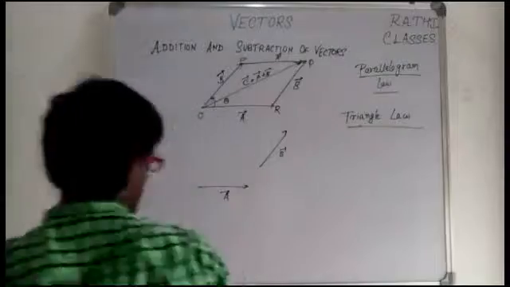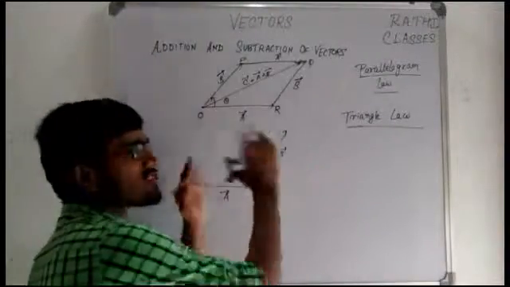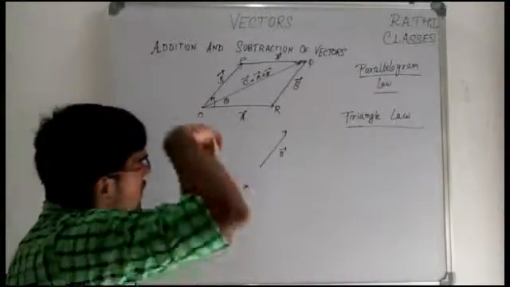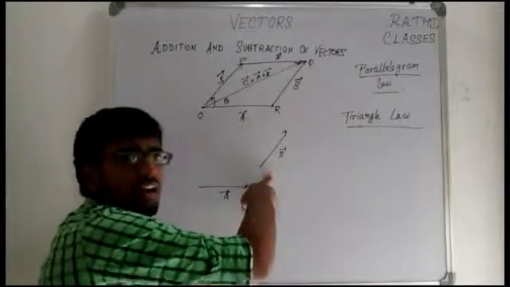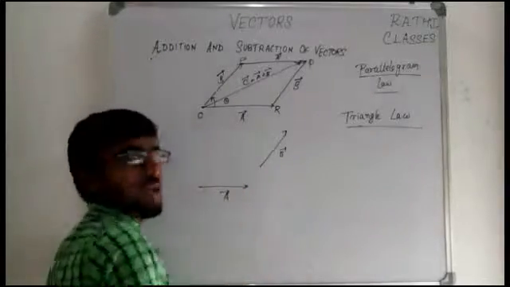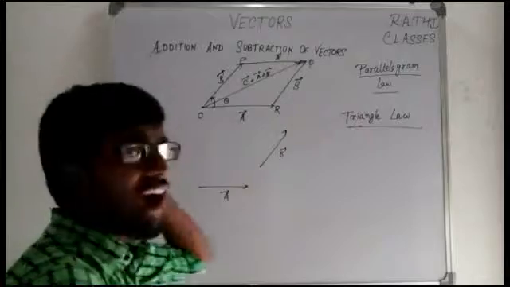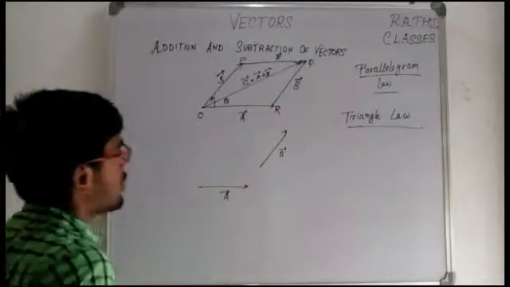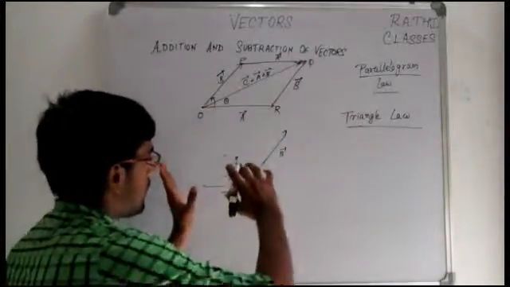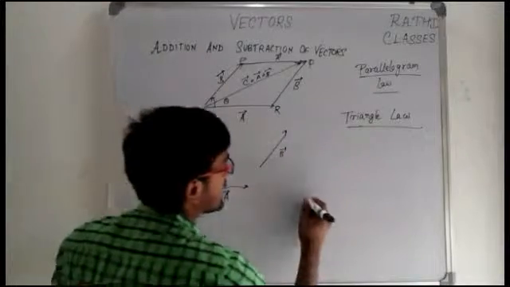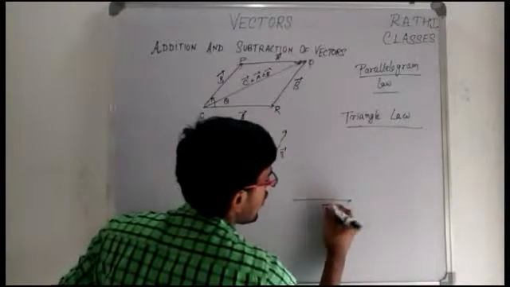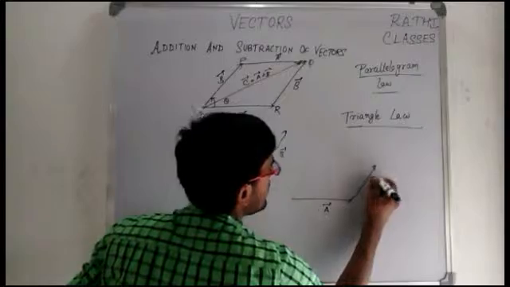The triangle law says that place the two vectors in such a way that the tail of the second vector coincides with the head of the first vector. So, placing it in that way, we get a situation like this, vector A and vector B.